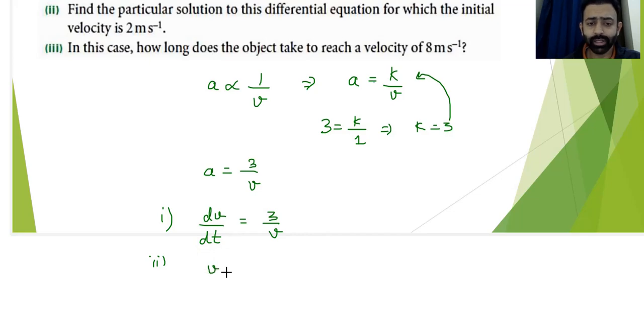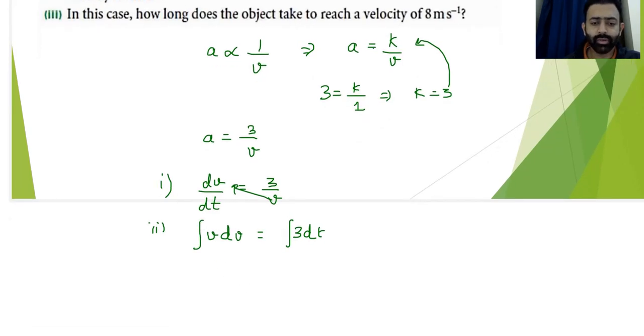If I separate the variables, I will get v dv, transferring this v to LHS and dt to RHS, 3 dt, and then integrating this. If I integrate this, I will get v square over 2 is equal to 3 times t plus a constant of integration.